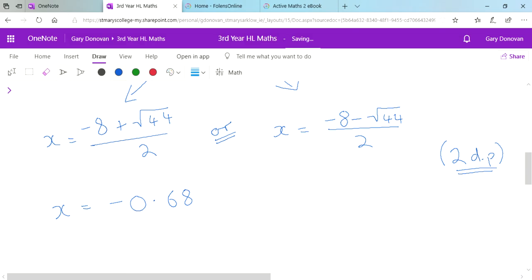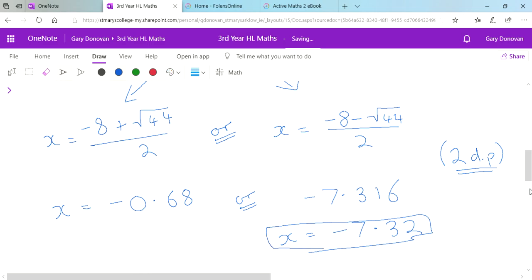And for the second answer, we get x equals minus 7.316. To 2 decimal places then, that's going to become minus 7.32. So these are your two answers for the question.